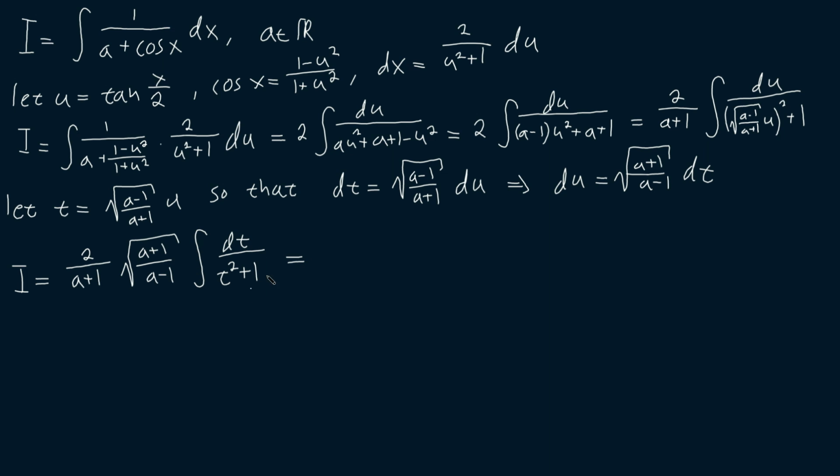And this integral here is a known integral, it's the arctangent of t. And then we're going to also simplify the product in front by taking the a plus 1 inside the square root, so we can cancel the a plus 1 from the numerator. In the denominator we're left with a plus 1 times a minus 1, which is a squared minus 1.